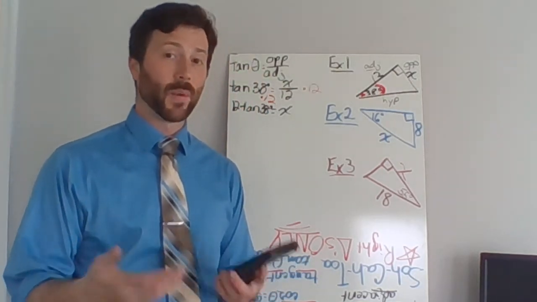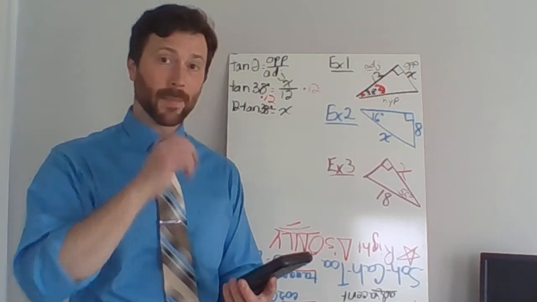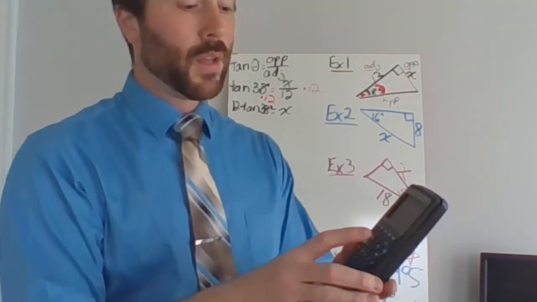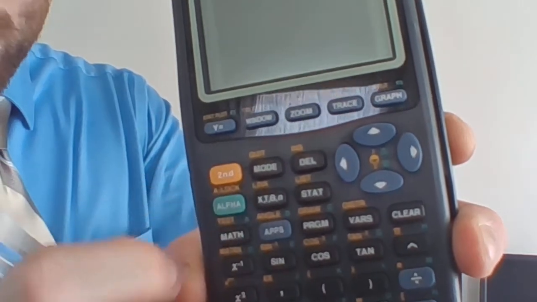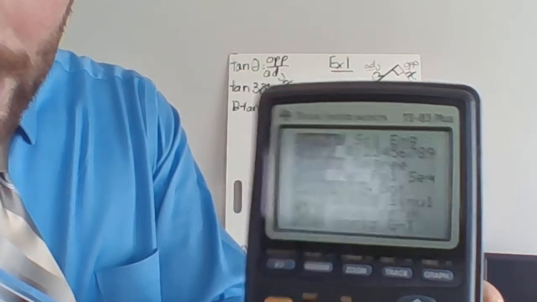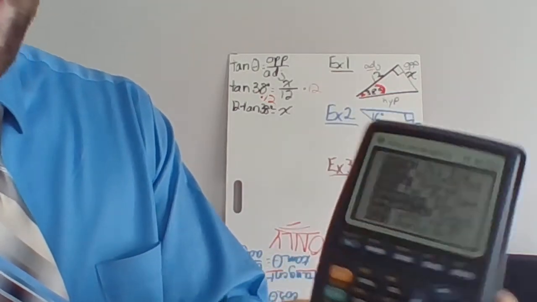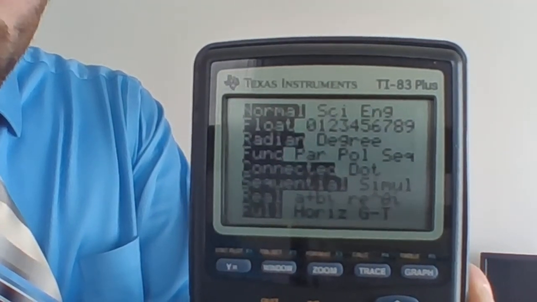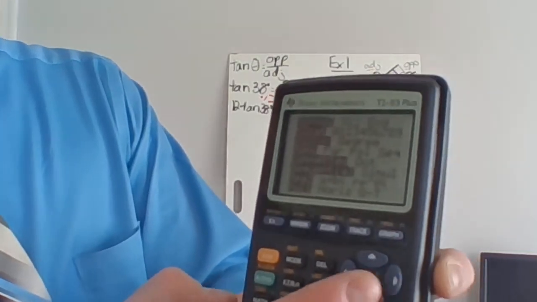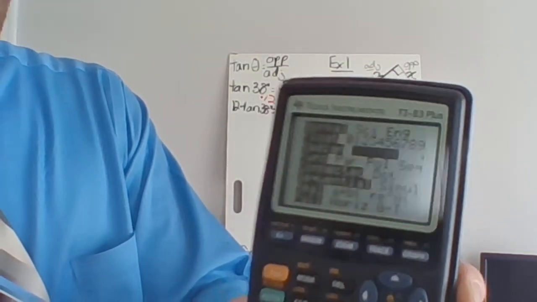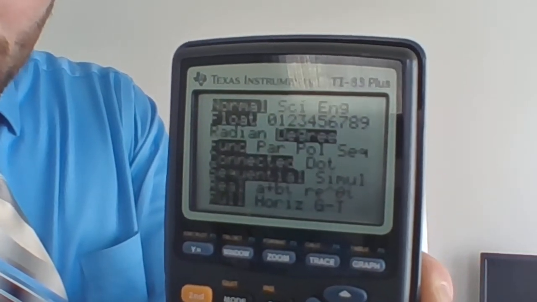It has modes that it can do degree or radian, so we need to make sure that it's in the right mode. So, see this button right here that says Mode. Push that button, and it brings up this menu. I think it's the third one down. Yep, the third one down. It has radian selected. So I need to use the arrow key and shift over to degree mode.